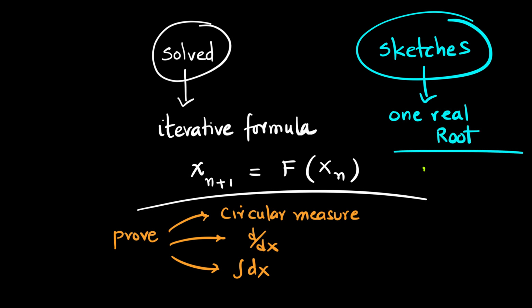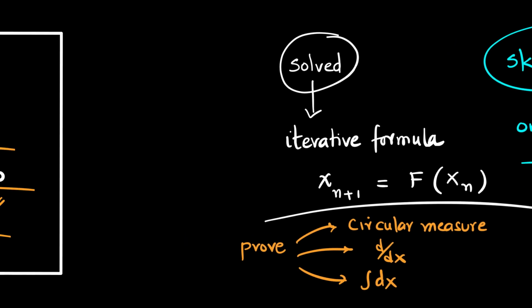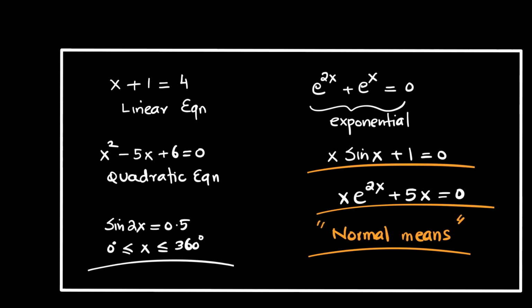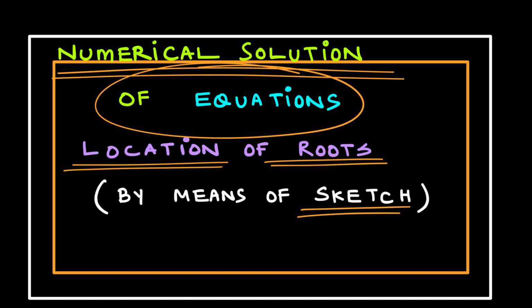Sometimes we have to apply a change of sign method to show that the root lies between two values. So everything that we talked about here basically falls under the category of this chapter, known as numerical solution of equations.